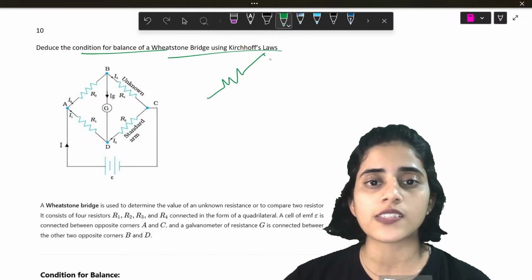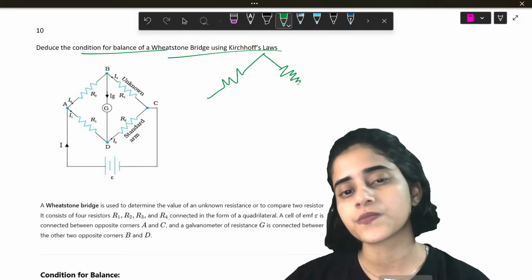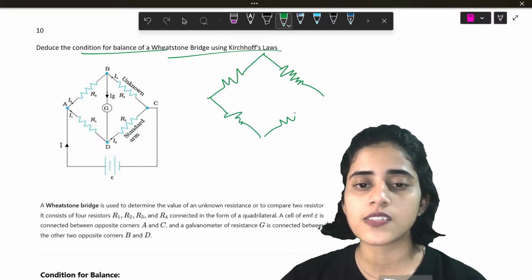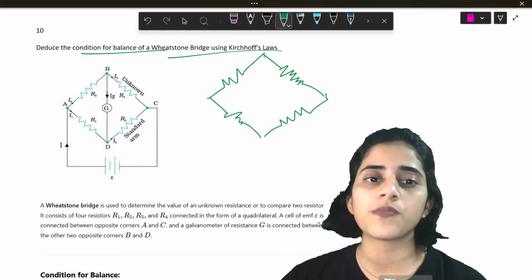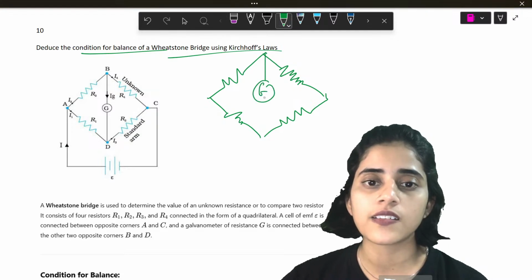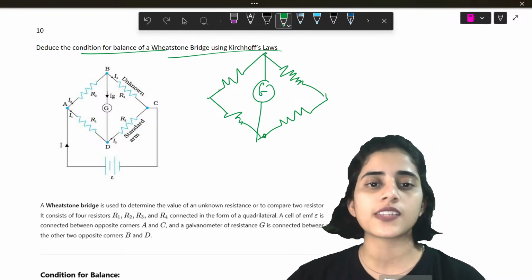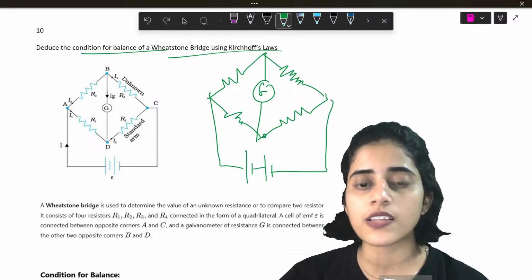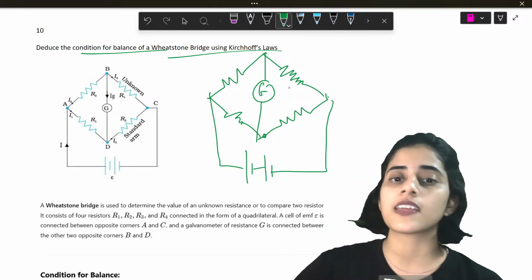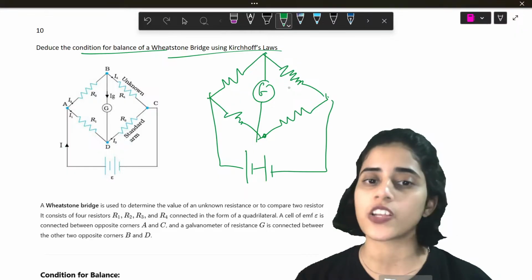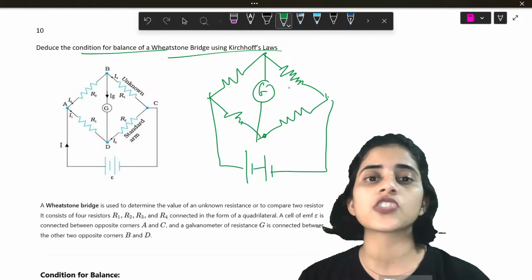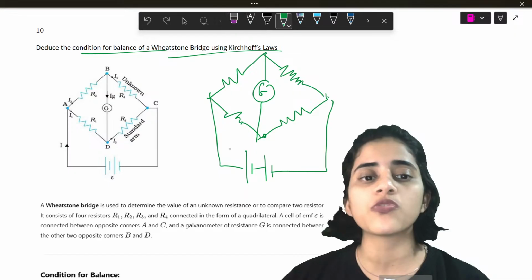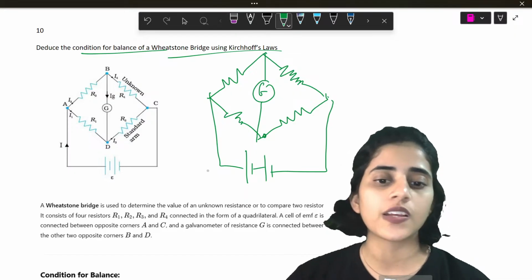You have to have 4 resistances, and then a galvanometer at the center. When all the resistances are balanced, the galvanometer will not show any deflection. That condition is called the balancing condition, and that is what we are going to find out now.